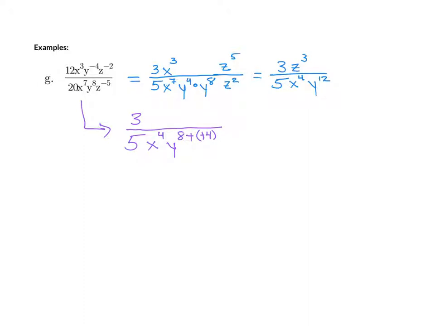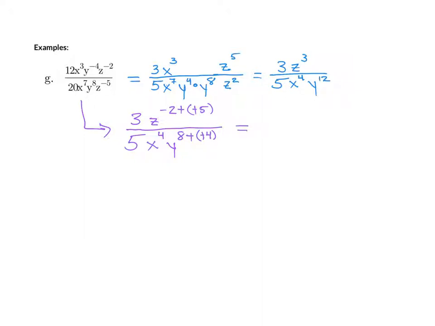Okay, if we look at the z's, which one is smaller? Technically, negative 5, if we go back to when we talked about inequalities, negative 5 is less than negative 2. So I want to move my negative 5. So we get z to the negative 2 minus negative 5, which is the same thing as plus a positive 5.